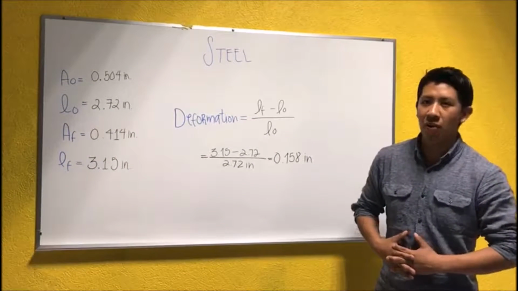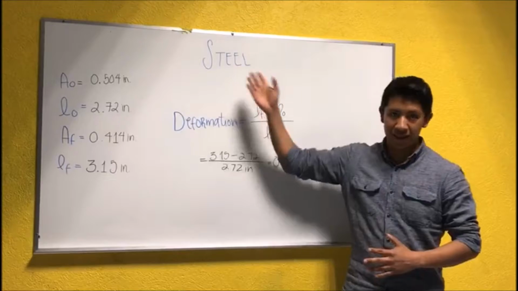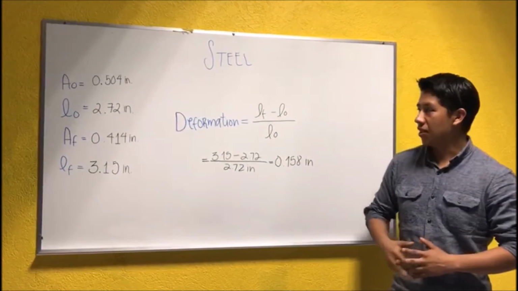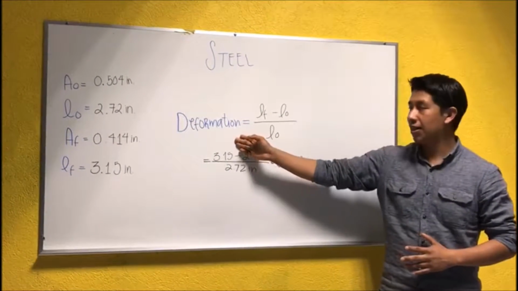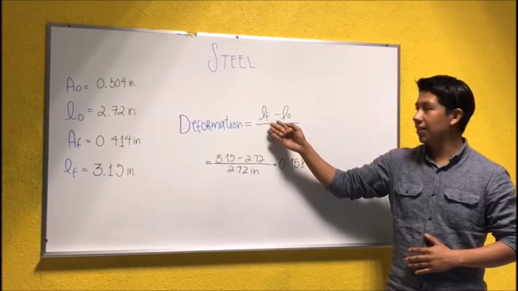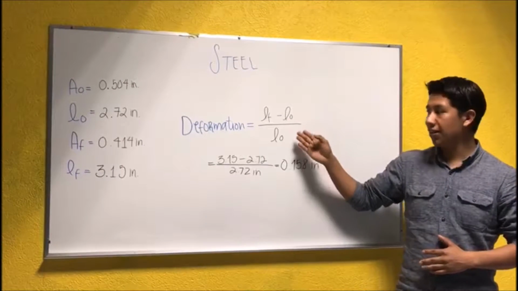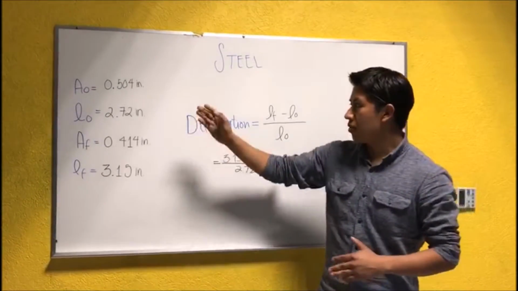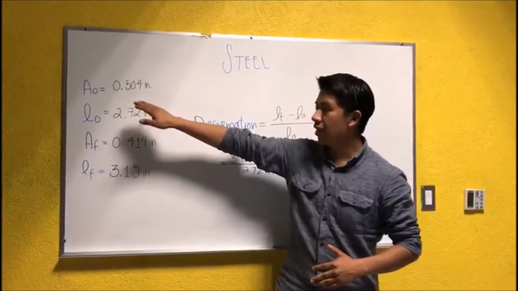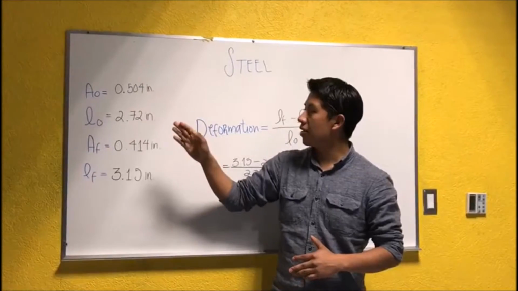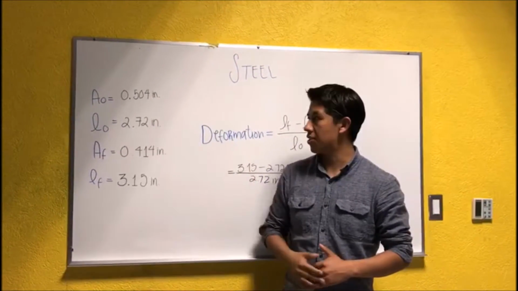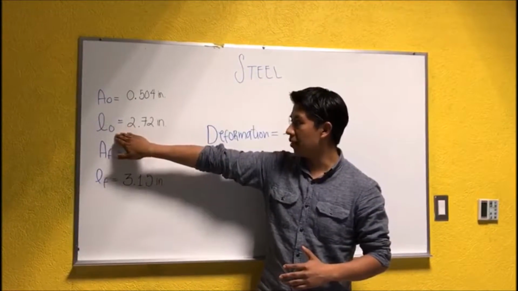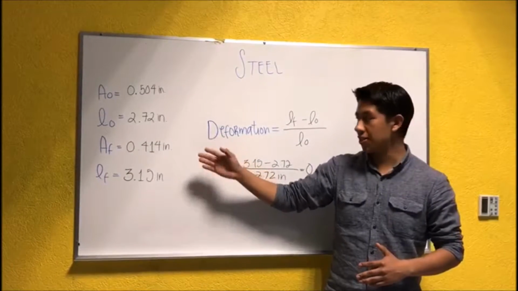Let me introduce you to the results that we obtained from steel. First, I want to tell you the formula of deformation: final length less initial length, over initial length. Our results were that the initial area was 0.504 inches and the initial length was 2.72 inches.